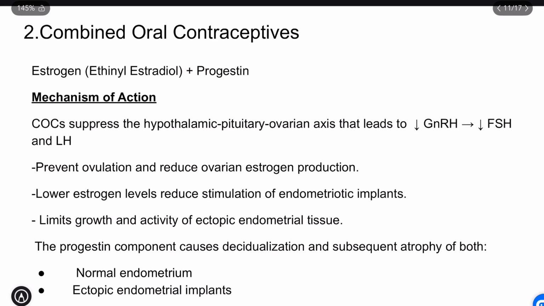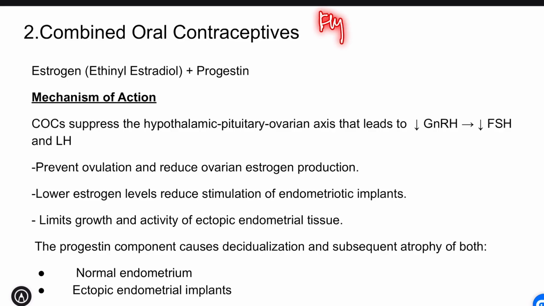Then next drug used is combined oral contraceptives. It consists of mixture of estrogen, that is ethinyl estradiol, and progestins. What is the mechanism of action? So these combined oral contraceptives, COCs, will suppress the hypothalamic pituitary ovarian axis. What is the hypothalamic pituitary ovarian axis? It is very simple.